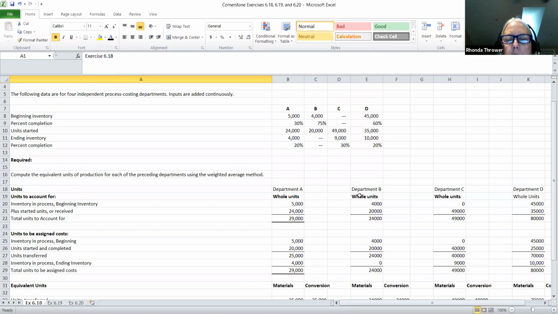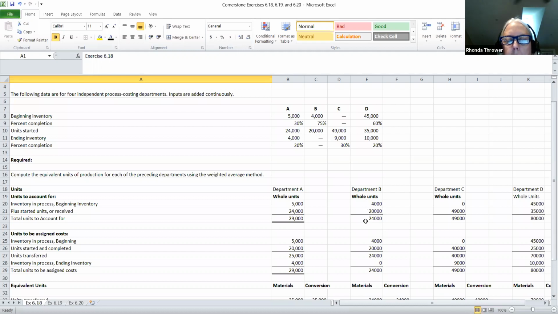So what I would suggest you do is plug in everything you do know. You know, beginning inventory is 4,000 whole units. So we plug that into both of these pieces of information here. We do know that we have units started at 20,000.